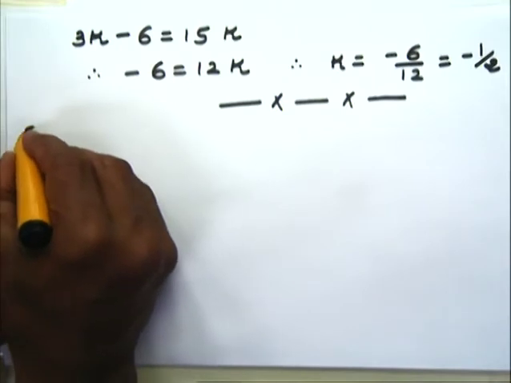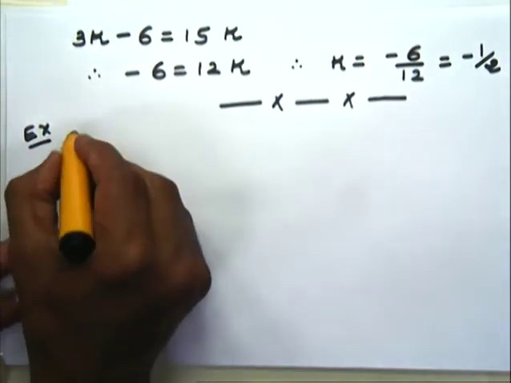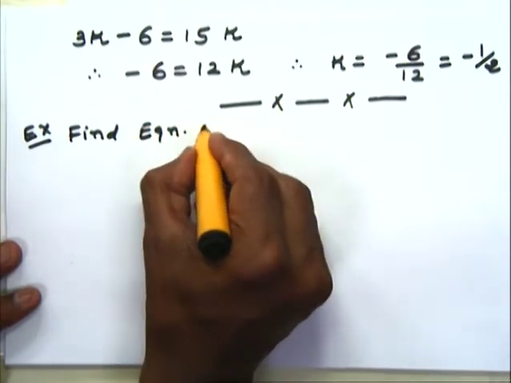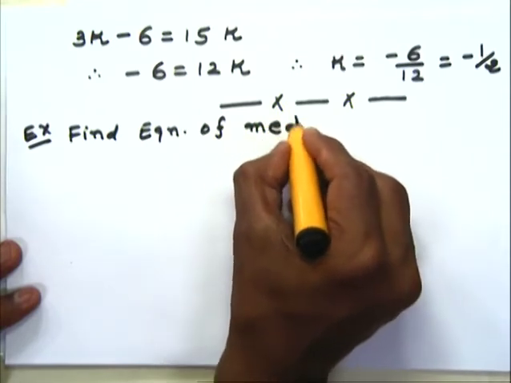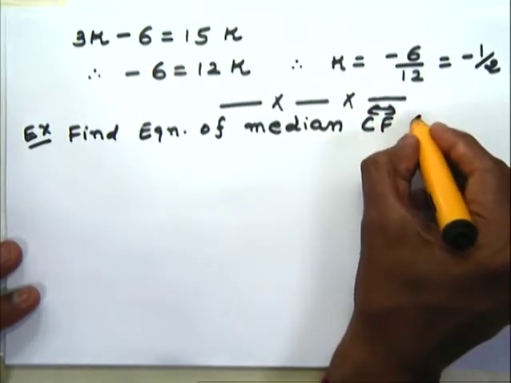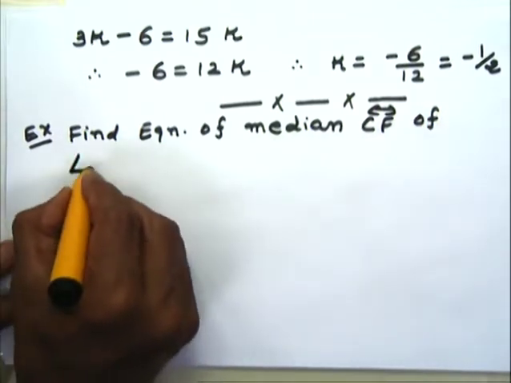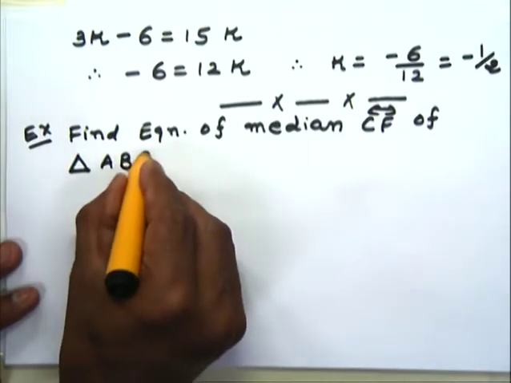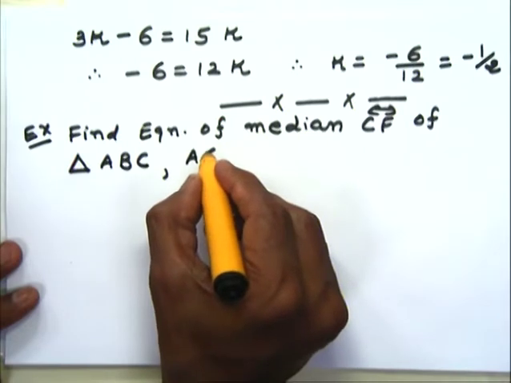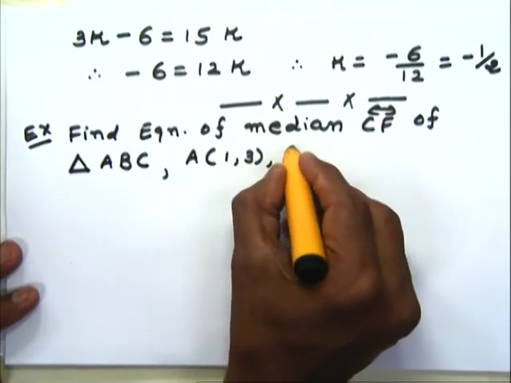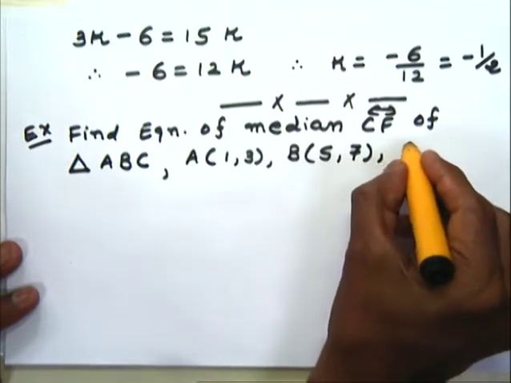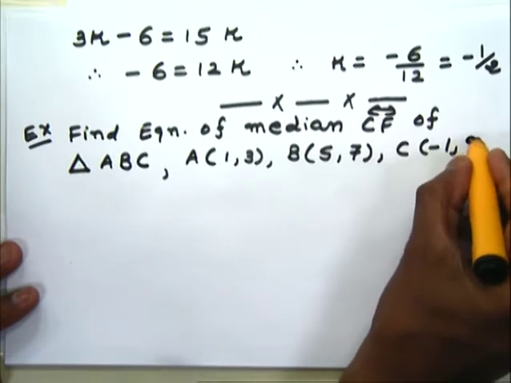Further, we find one more. Find the equation of median CF of a triangle ABC where the coordinates of A are given as 1, 3, B has 5, 7, C has minus 1, 9.